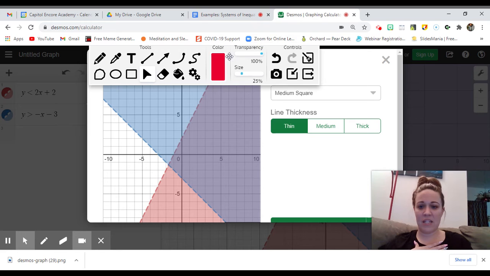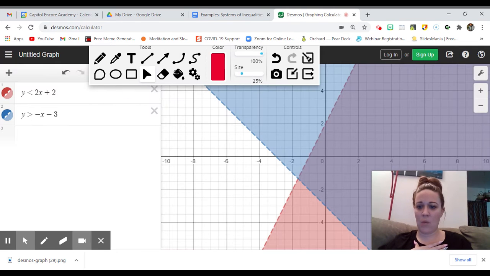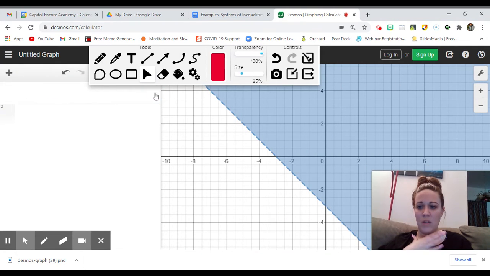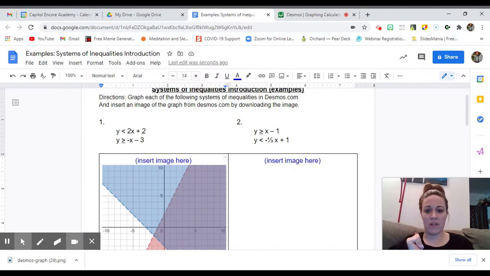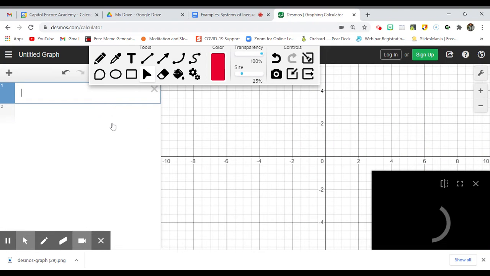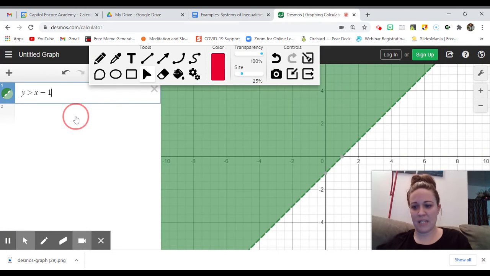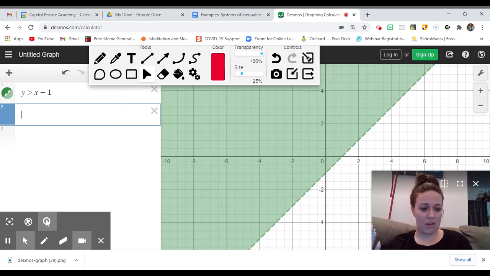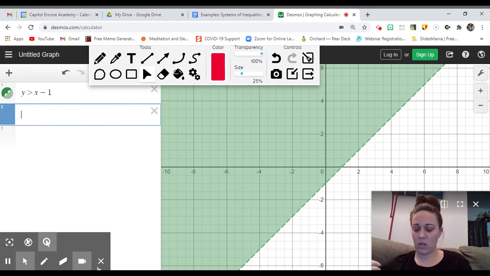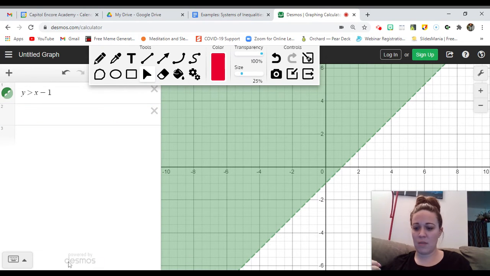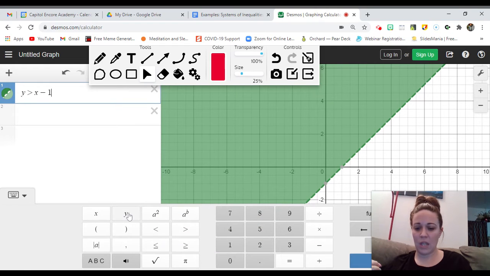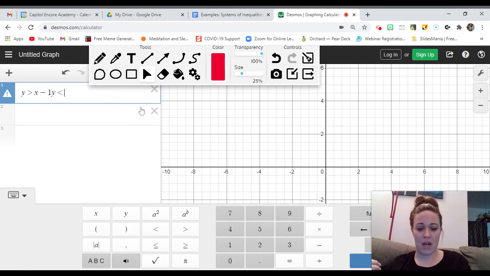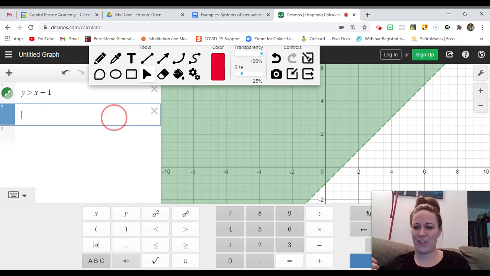Now we're going to go back into Desmos, clear this out, and start fresh for the next one. Again, I'm going to do Control C on my keyboard and Control V to paste. You are more than welcome to type them in. If I was to type in y is less than, I would go down to the keyboard feature at the bottom.